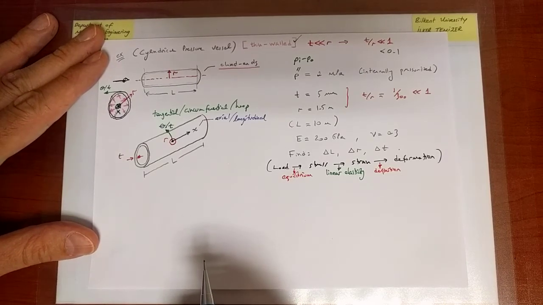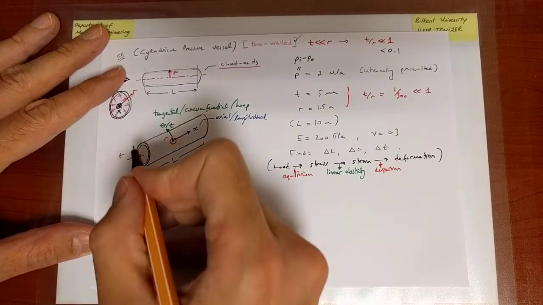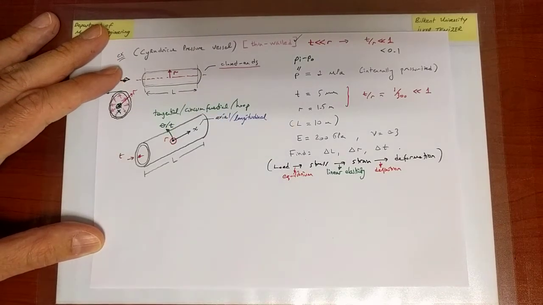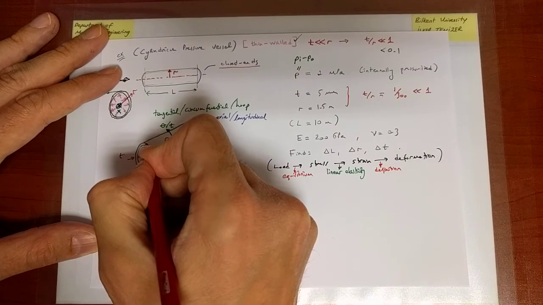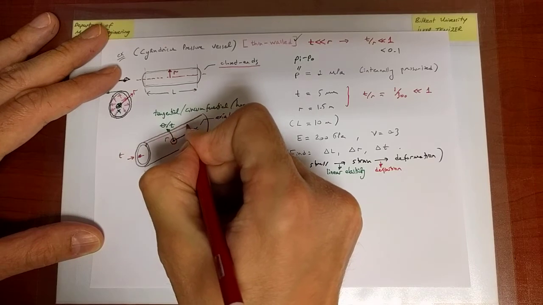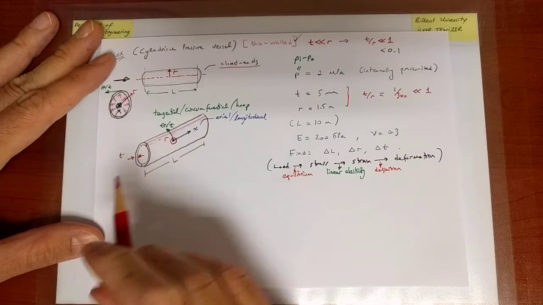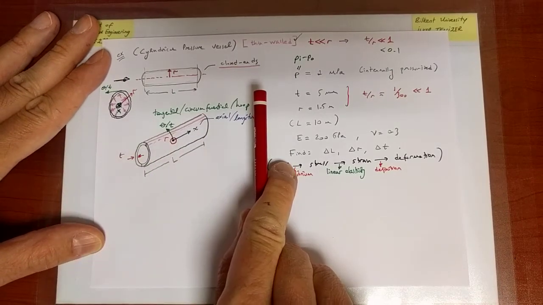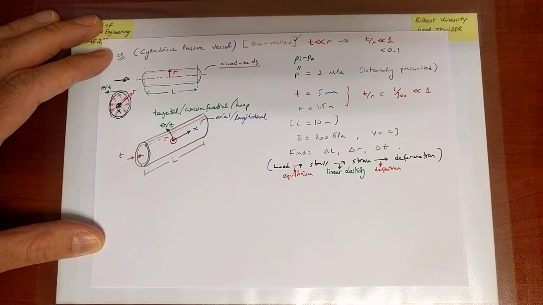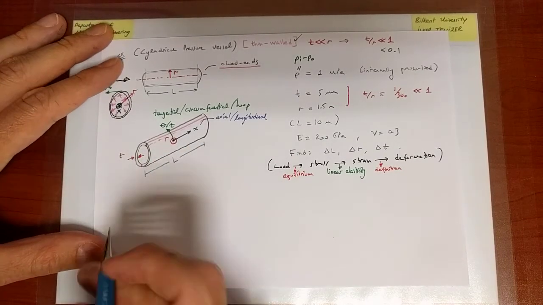So the first thing that I will do is take a cut along the axis of this cylinder, like this. Let's do it with red here. I'm going to take a knife and just slice through this pipe, this vessel, and I'm going to try to draw what I see as a result of that.